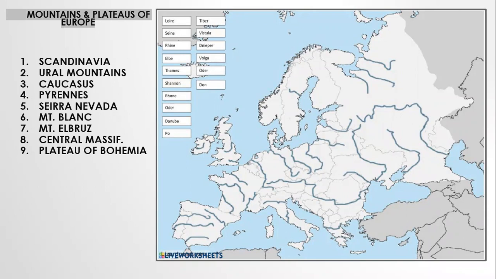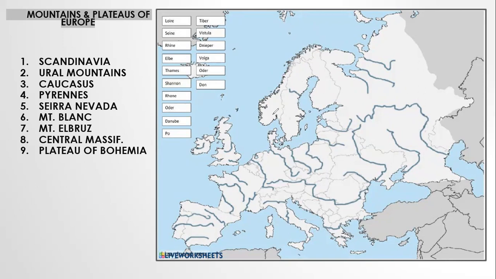The first one is Scandinavia. Scandinavia is very easy. It's right here, the Scandinavian mountains. You can draw it like this.